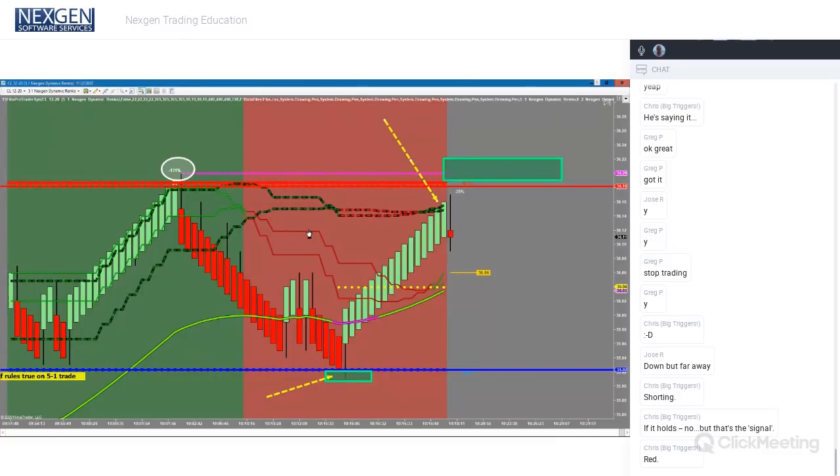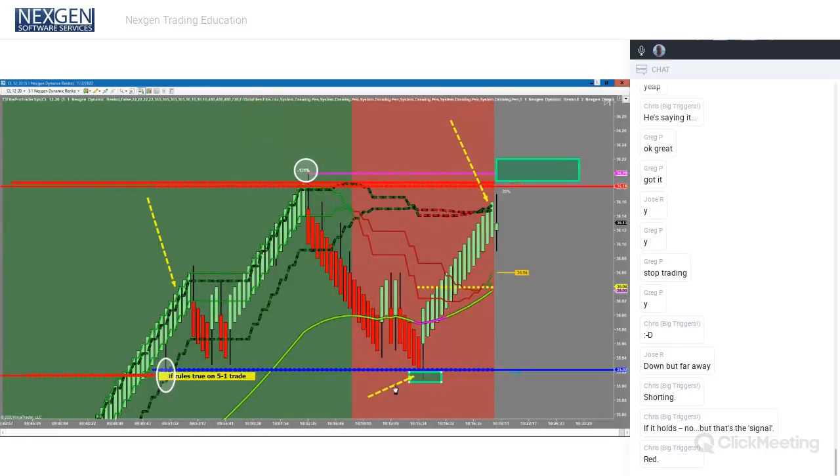And if they're not crossed down, even though it's a red area, we're not really going to go short. The whole premise behind what we do is that the fibs and triggers are in agreement. So we may get to some areas that cause us to stop going long or stop going short, but it's not necessarily a trade. Does that make sense?